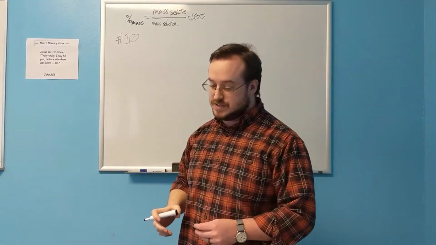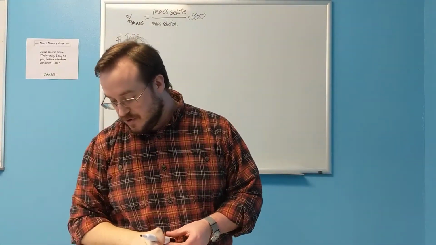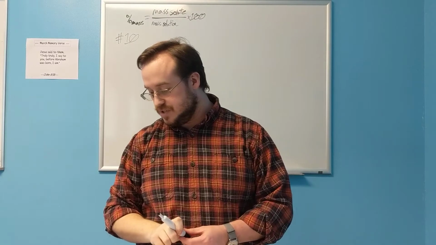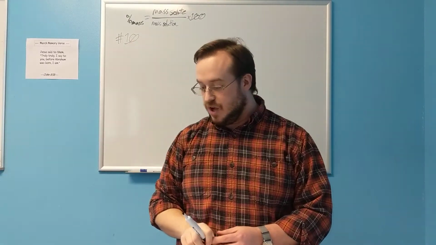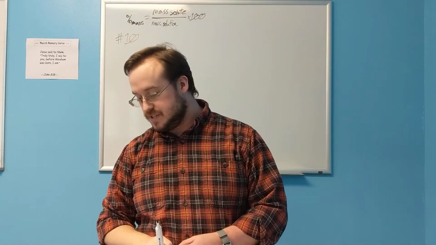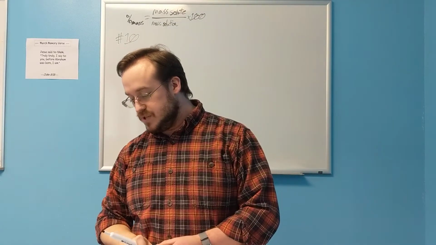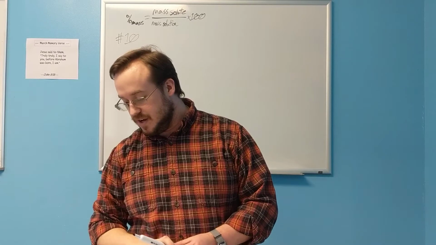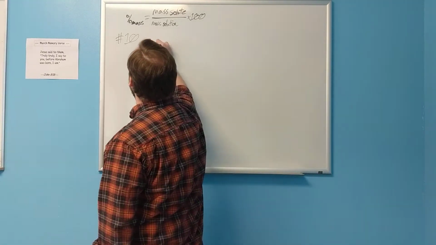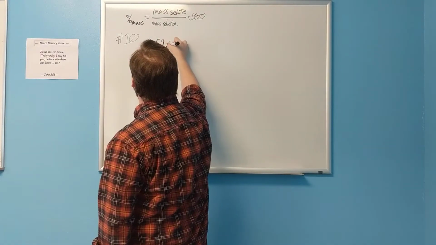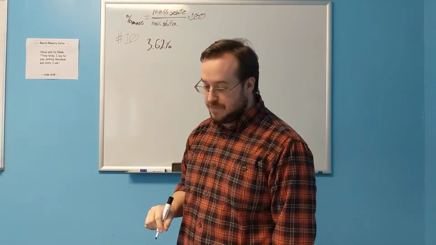Number 10 reads, you have 1500.0 grams of bleach solution. The percent by mass of the solute sodium hypochlorite, which is NaOCl, is 3.62%. How many grams of NaOCl are in the solution? So they're giving us the percent, right?